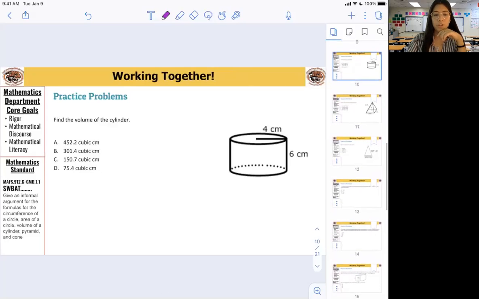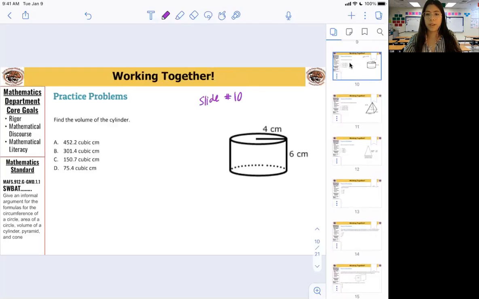I'm going to share this PowerPoint with you guys. I'll send you the link. We're on slide number 10, so when you open it, go to slide number 10. You write that down. Then you're going to spend about 20 minutes completely on your own. That should be plenty of time.